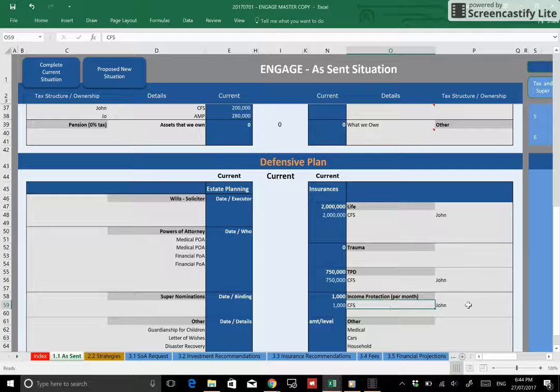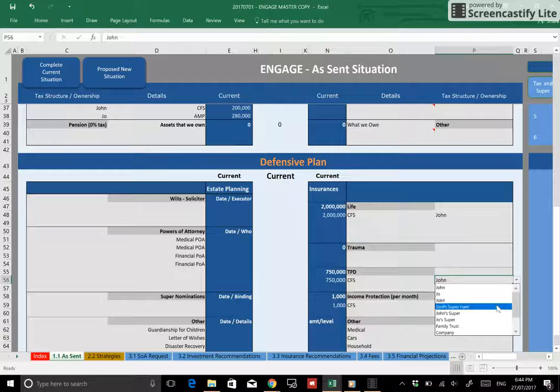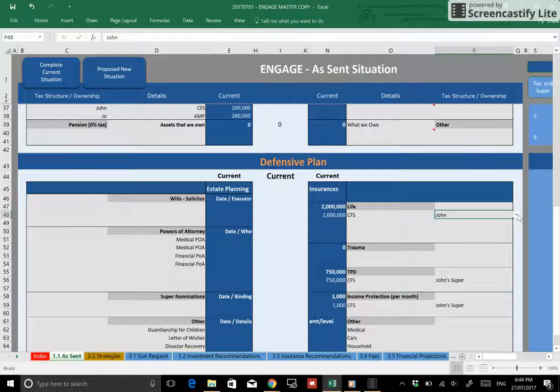So you can see here where you could actually put this as John's super, which is the correct one because it's not him personally, it's actually his super fund.